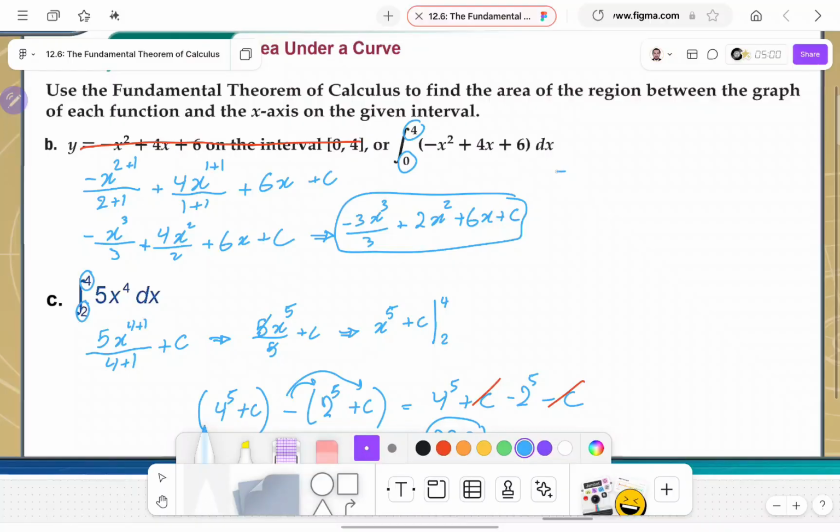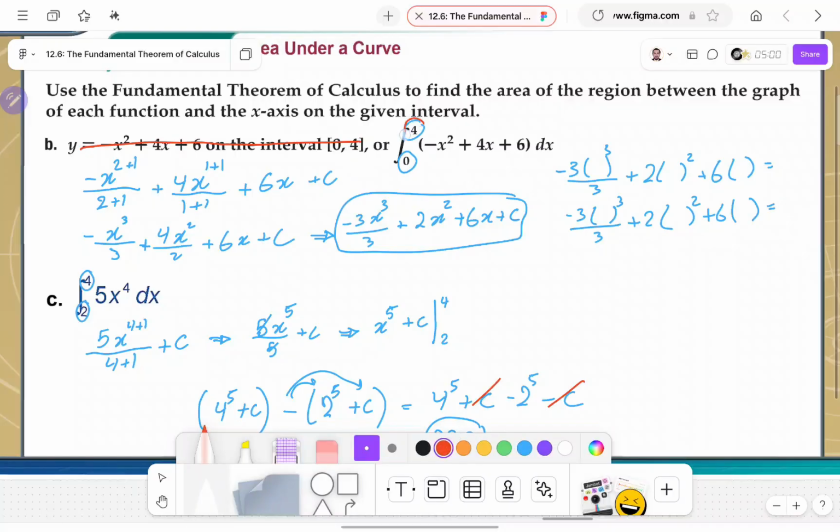Let's substitute. Negative x to the power of 3 over 3 plus 2x to the power of 2 plus 6x, without plus c, because the c's cancel each other.